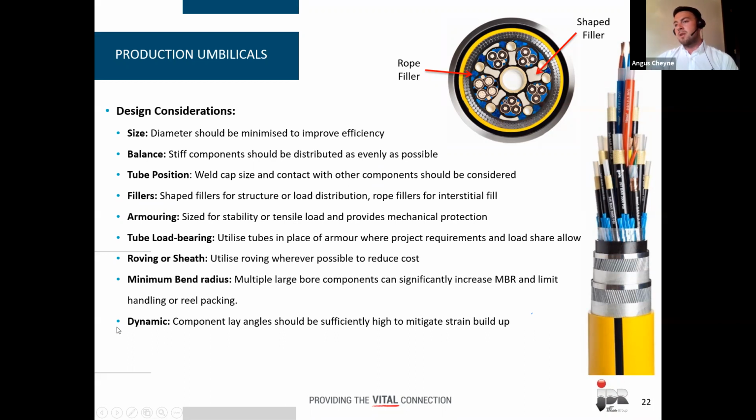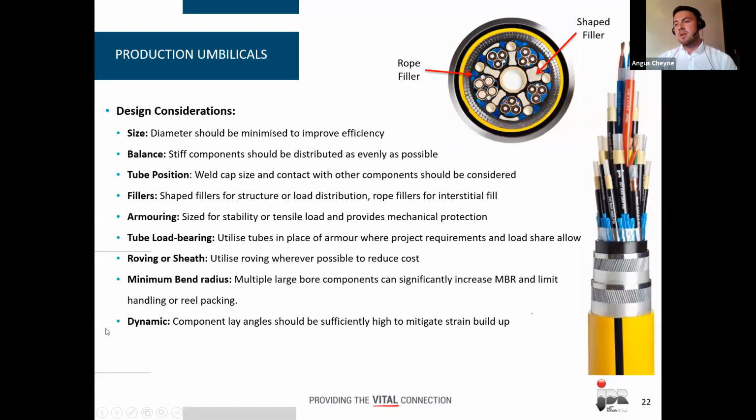In terms of the dynamic applications, we as JDR need to ensure that when we're designing, the component lay angles, so the pitch that they're wound together on the machine, are sufficiently high to ensure that we don't have strain buildup.